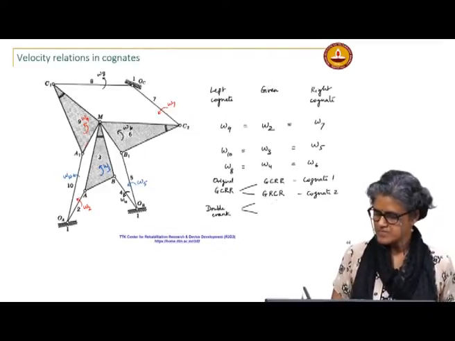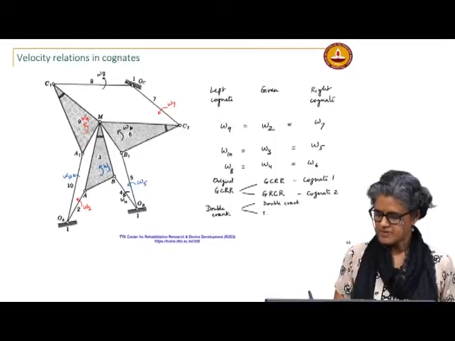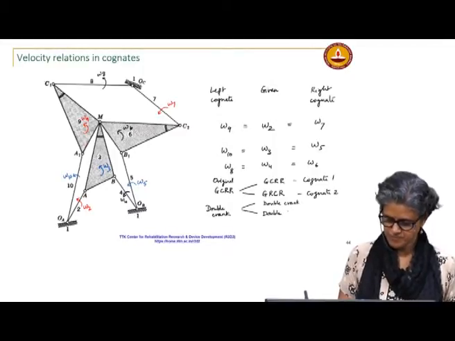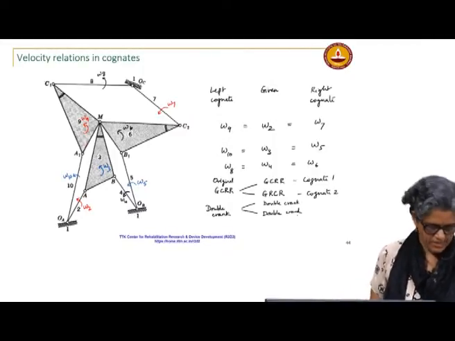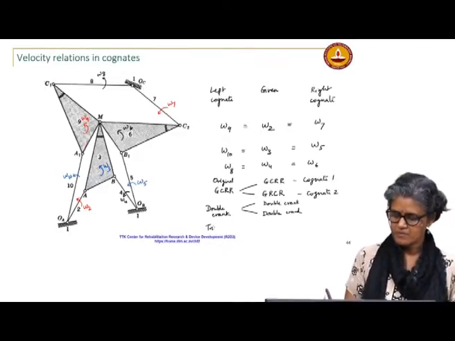The two cognates will also be double cranks. And if it is a triple rocker, meaning non-Grashof, then the cognates will also be triple rockers.